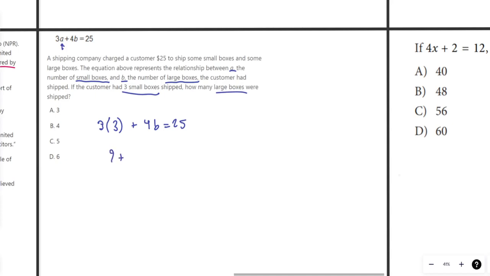Then we'll get 9 plus 4B equals 25, or 4B equals 16, which tells us that B equals 4. It would be a mistake to look at the coefficients here, but coincidentally, they do line up with the correct answer choices, the correct values for those variables.